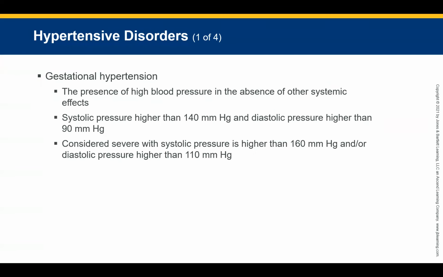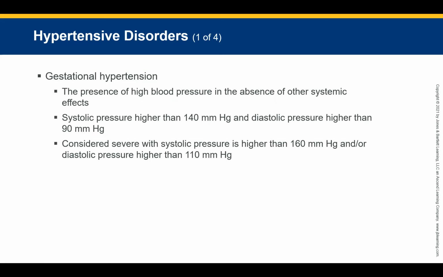Hypertensive disorders. So we know that the blood pressure is going to go up because of the workload. Their heart is not changing size, it's just the workload is increasing. Gestational hypertension is the presence of high blood pressure in the absence of other systemic effects.